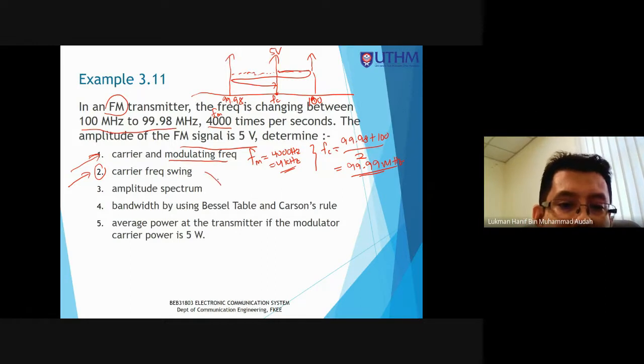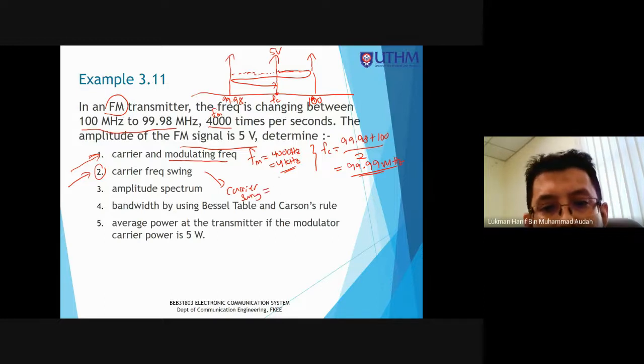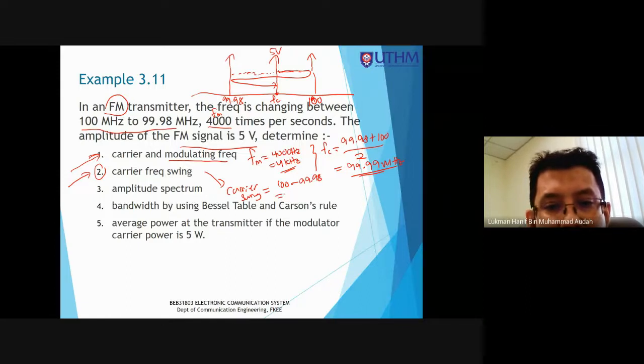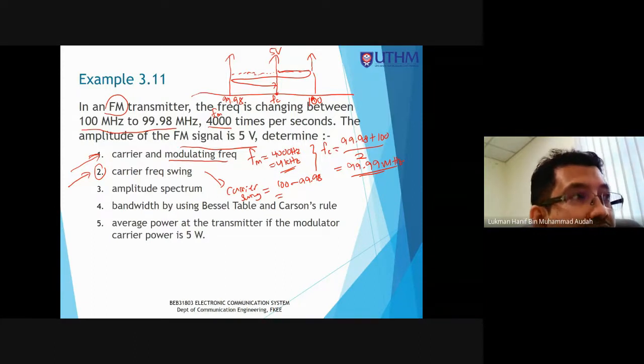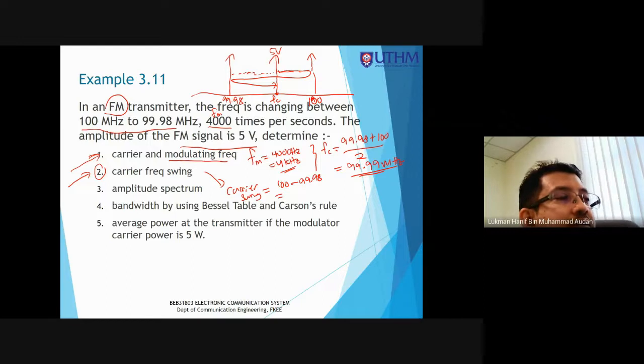So carrier swing is equal to 100 mega minus 99.98 mega, which is around 20 kilohertz.